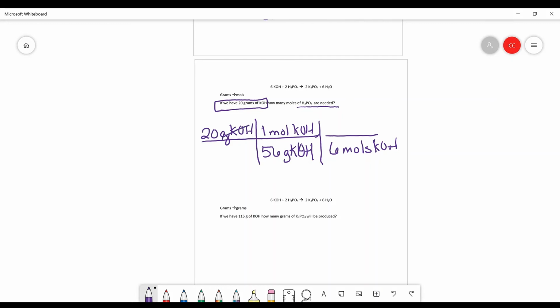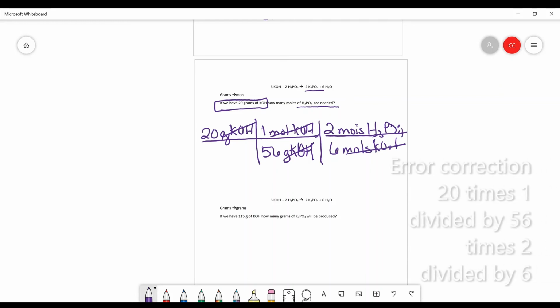So again, your grams of KOH cancel. Now your moles of KOH, and then we are looking for moles of H3PO4, and that's right here, 2 moles of H3PO4. So moles of KOH cancel out.